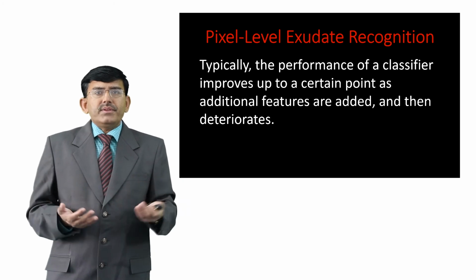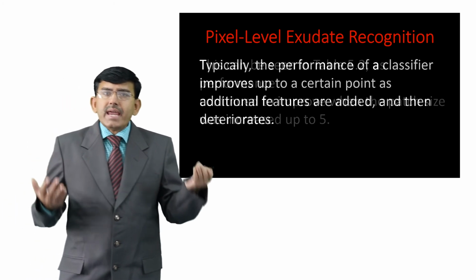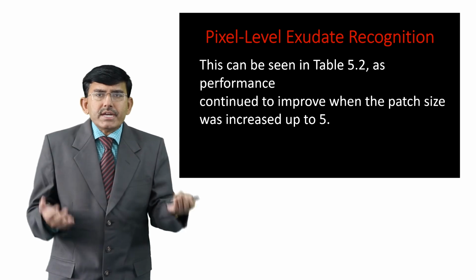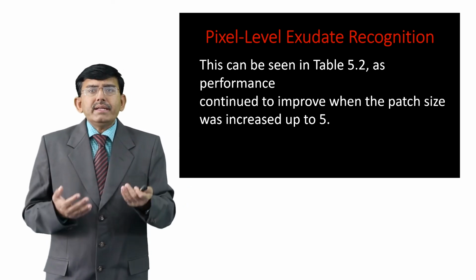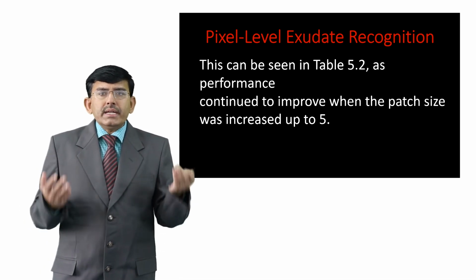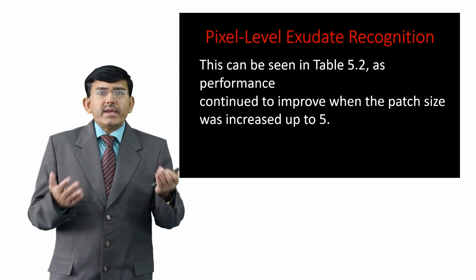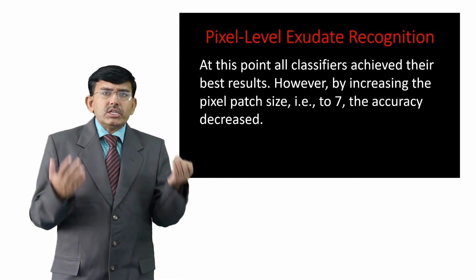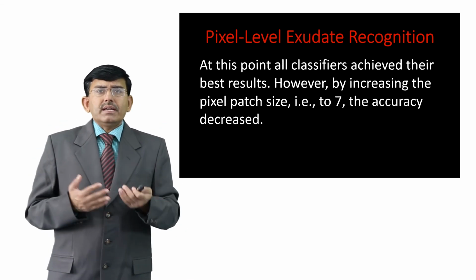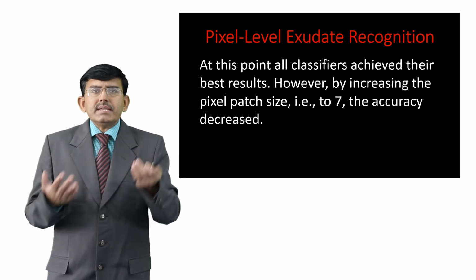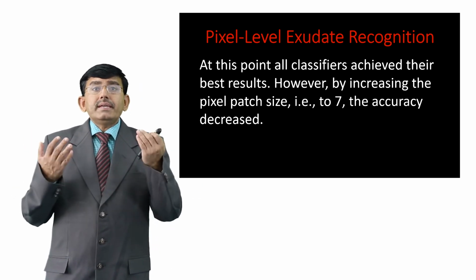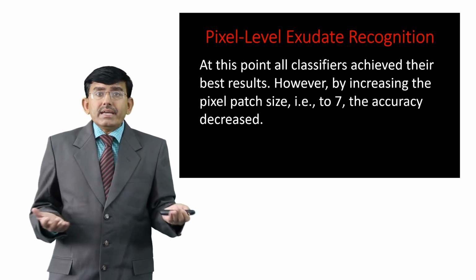This can be seen in the same table 5.2, as performance continues to improve when patch size was increased up to 5. At this point, all classifiers achieved their best results. However, by increasing the pixel patch size to 7, the accuracy decreased.